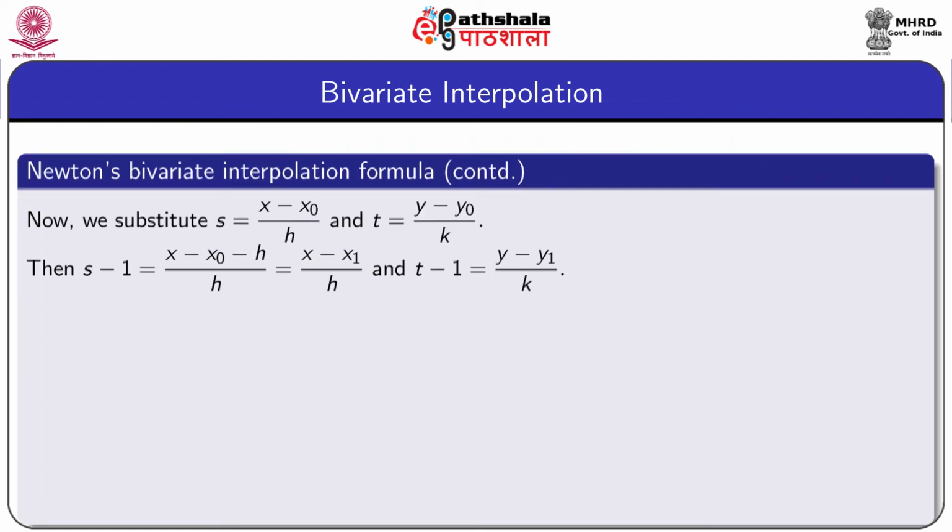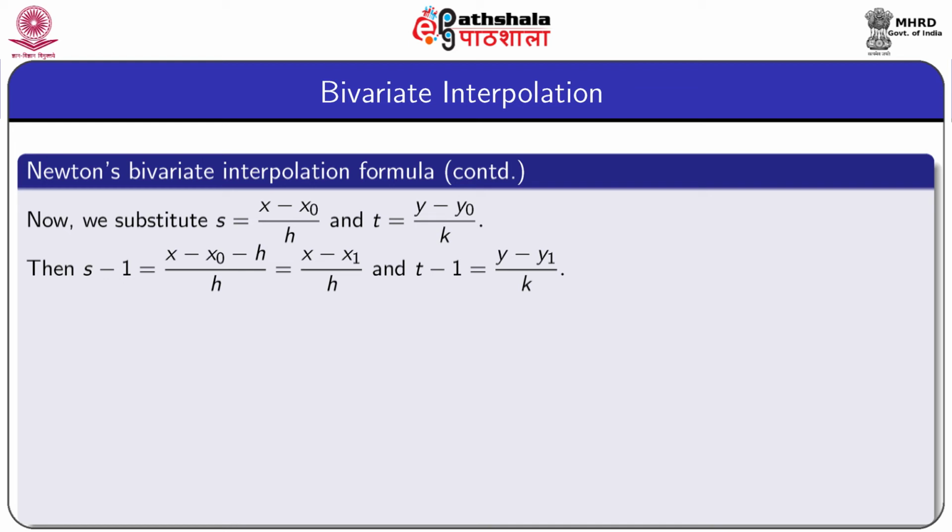For simplification of the above expression, we can use another kind of transformation. That means, if we substitute s equal to x minus x0 by h and t equal to y minus y0 by k, these are the values of s and t we substituted in the previous slide, then s minus 1 equals x minus x1 by h and t minus 1 becomes y minus y1 by k.